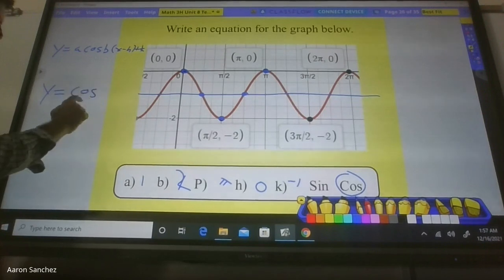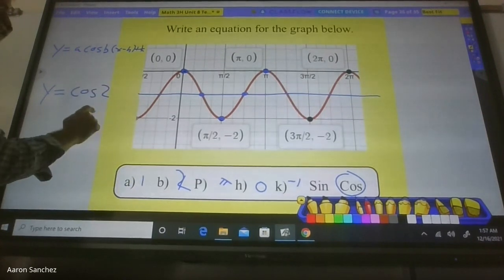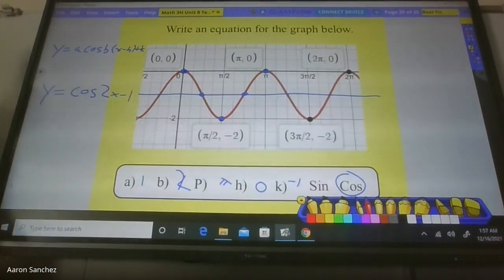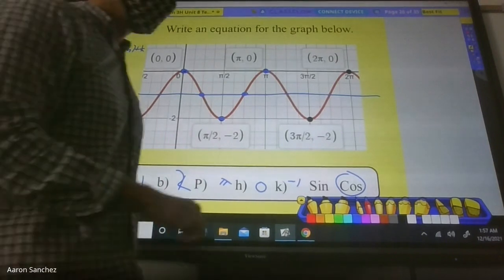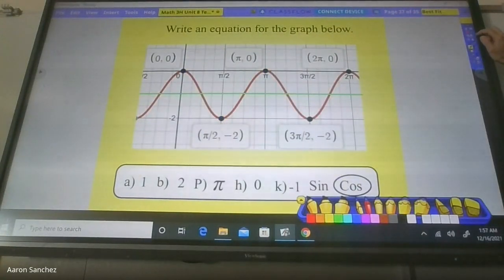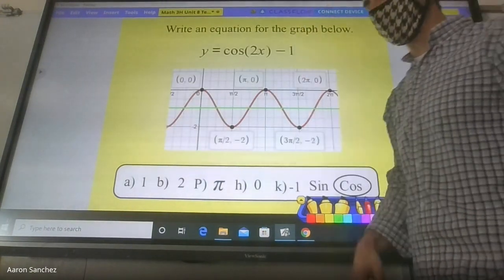Cosine, B is 2. All right, B is 2. X minus 1. You guys get that? Yes. Y equals cosine 2x minus 1. You can put that in parentheses or not.